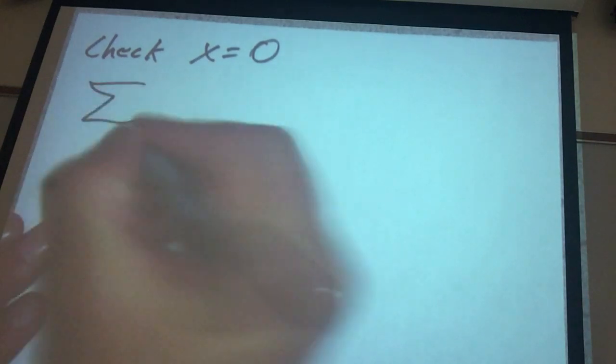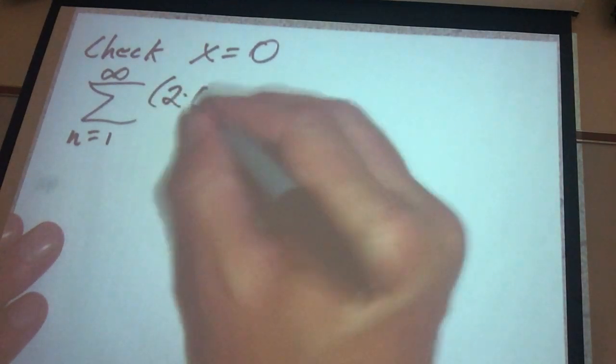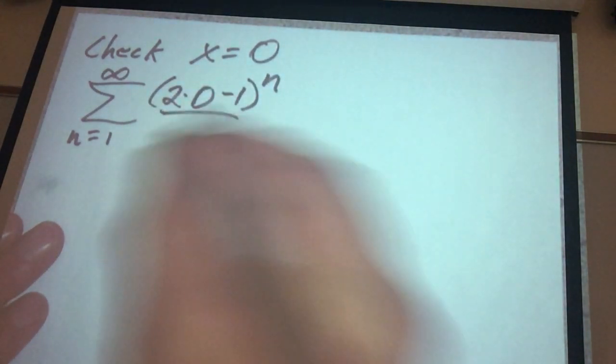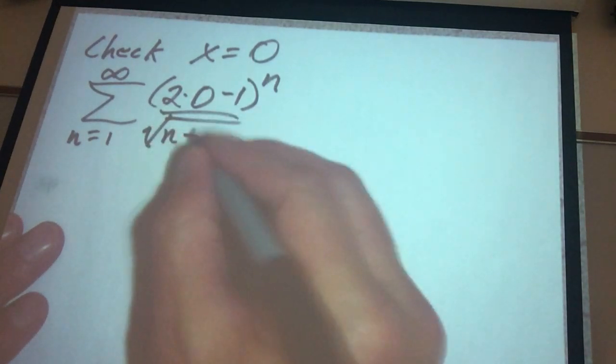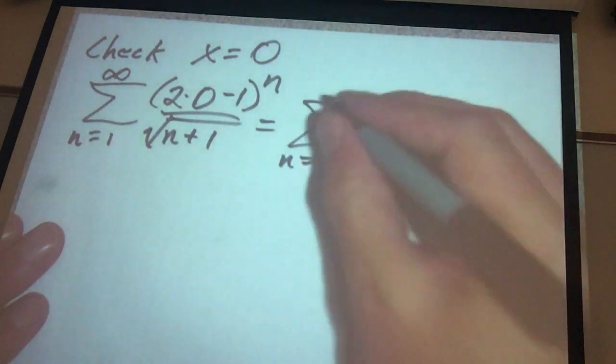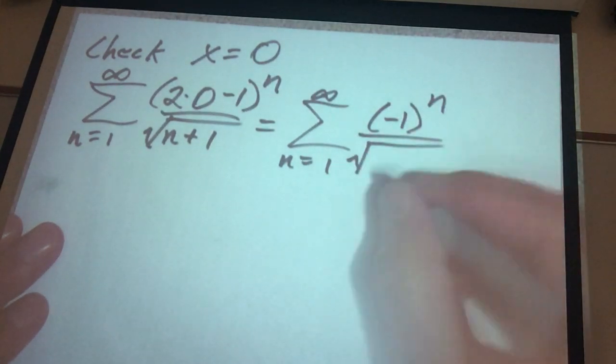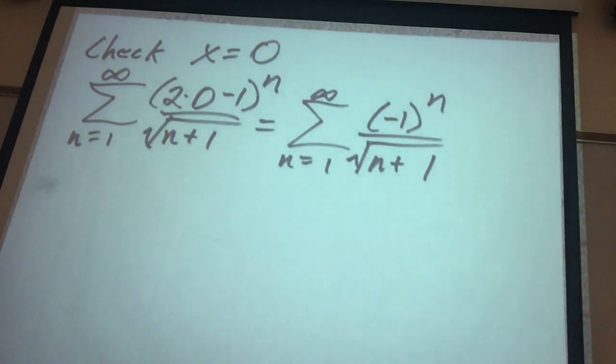Now I'm going to check x equals 0, and so that will turn into the sum n equals 1 to infinity of 2 times 0 minus 1 raised to the nth power divided by the square root of n plus 1, which would equal the sum n equals 1 to infinity of negative 1 to the n divided by the square root of n plus 1.